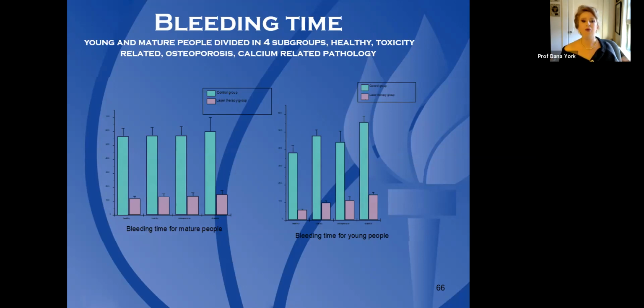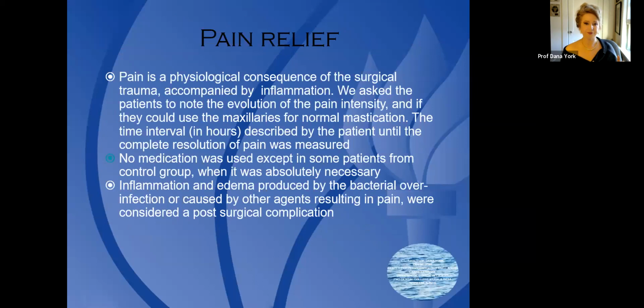So we look, why does this bleeding come? Maybe it is diabetes, toxicity from liver and kidney, osteoporosis, or it is a healthy patient with other local mechanical or iatrogenic problems that happen too. In all cases, we found that the bleeding stopped with use of the laser, an immediate stop of the bleeding.